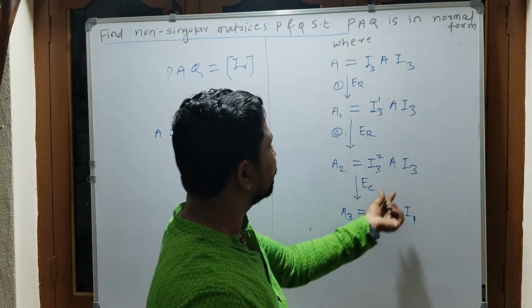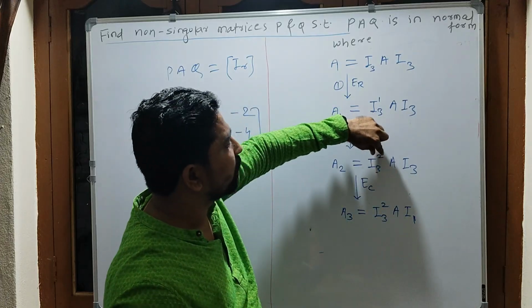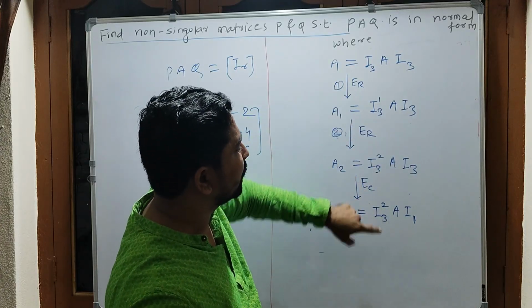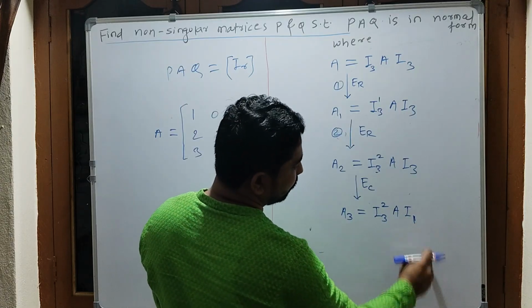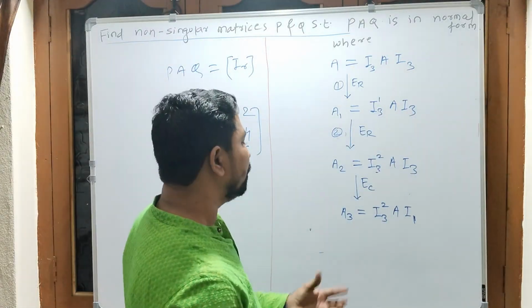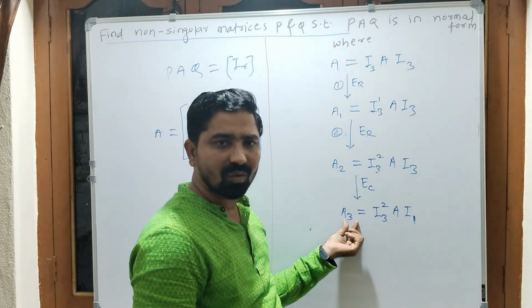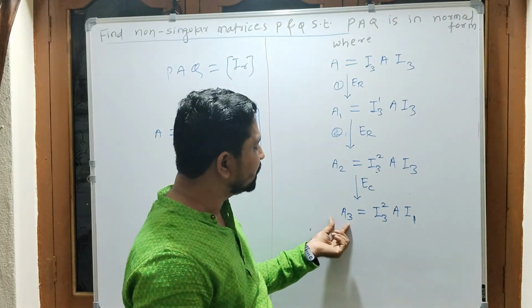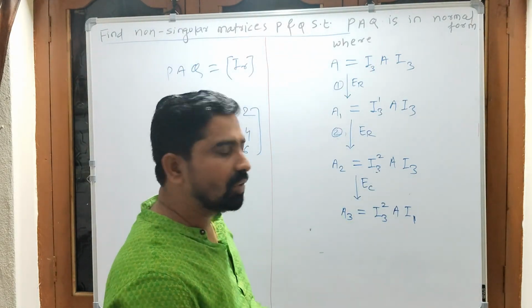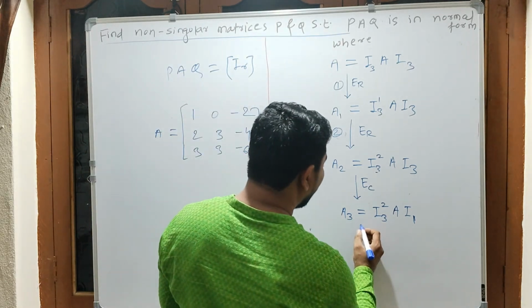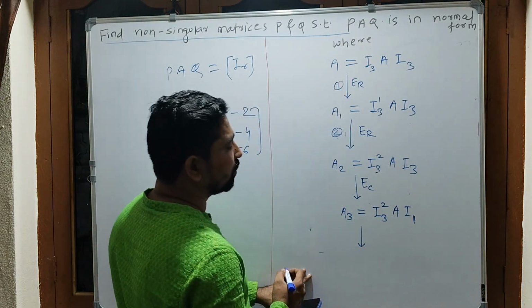So here I am writing on the left side at the top I1, I2, I3, and from the right side I am writing 1, 2 at the bottom. Now if at this stage A3 is in the normal form, then this is my P and this is my Q. If not, again I have to apply the elementary column operation.